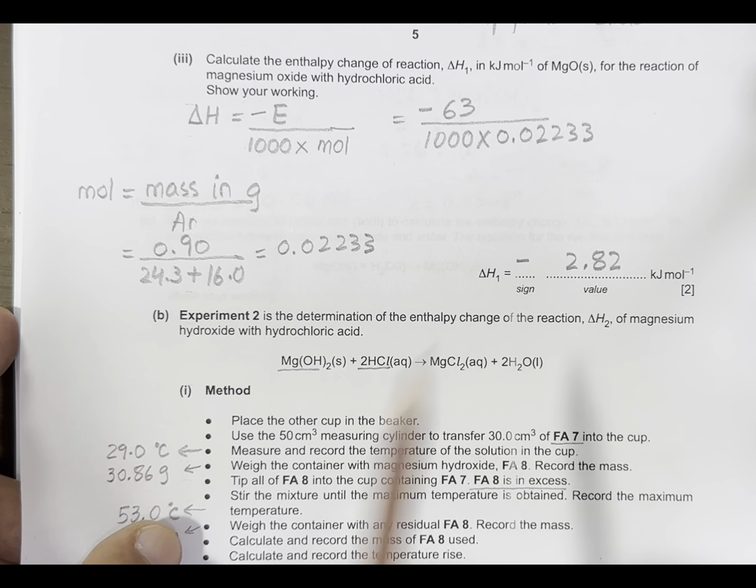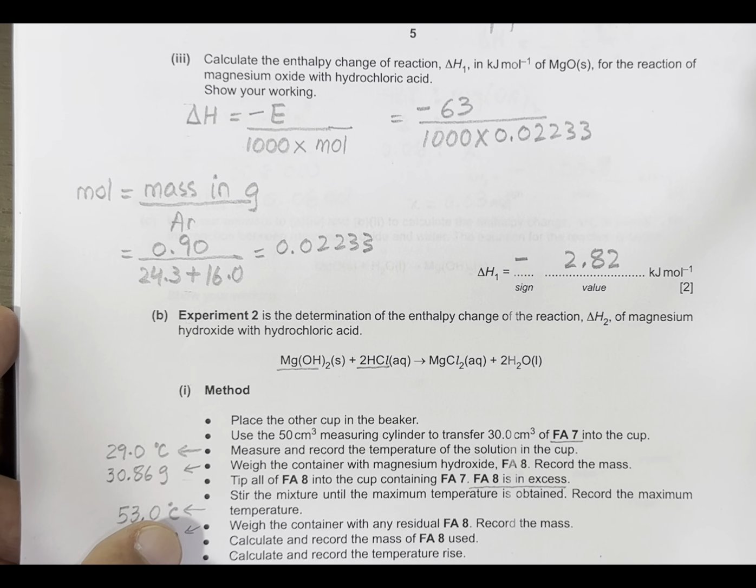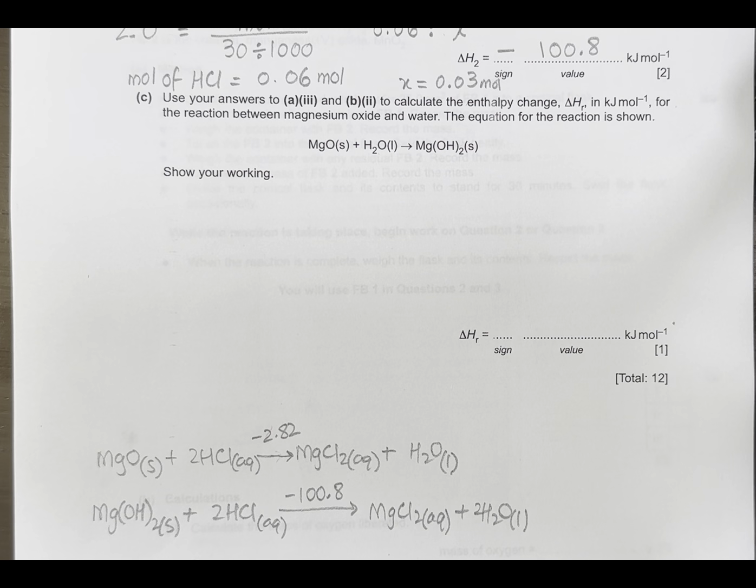So let's write these two things first. Here I have written the equations for both the reactions of magnesium oxide and hydroxide with hydrochloric acid, and the values we have calculated in the previous parts.